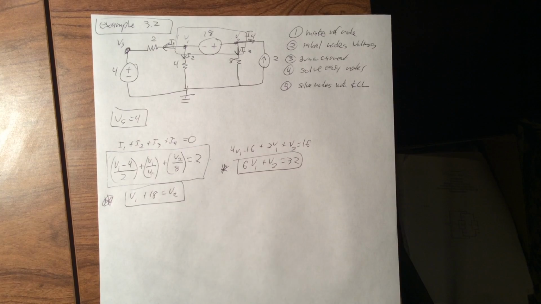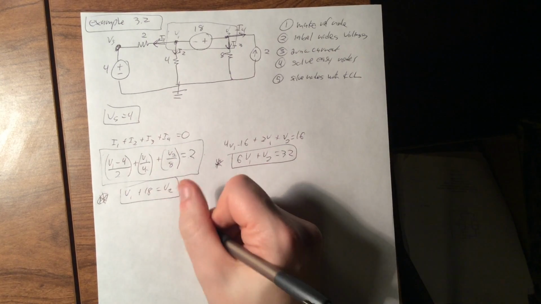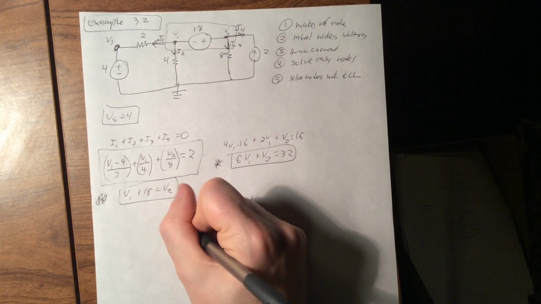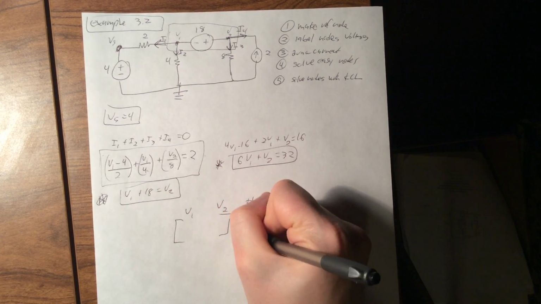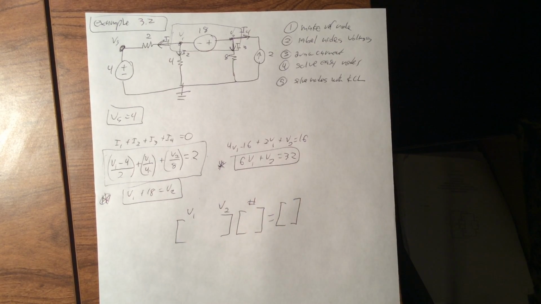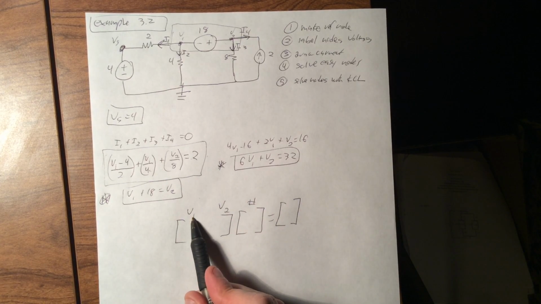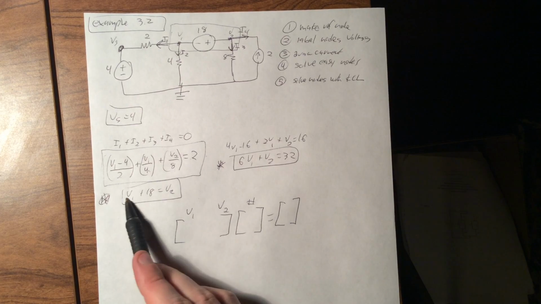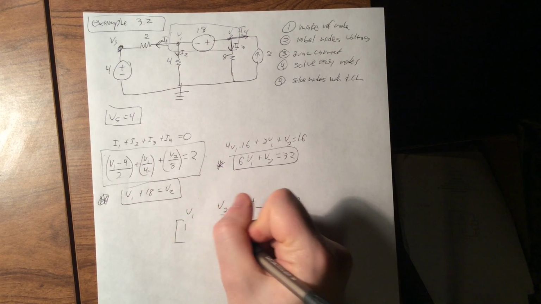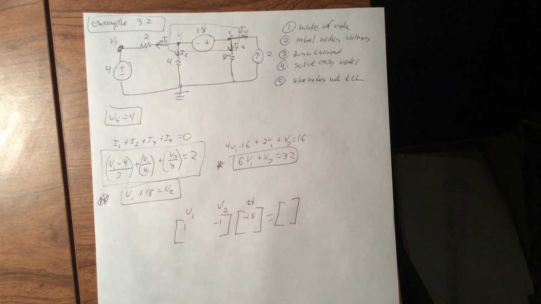So now we set our little matrix up again. V1, V2, equals our solution. For the first equation, we've got 1, minus 1, and minus 18.